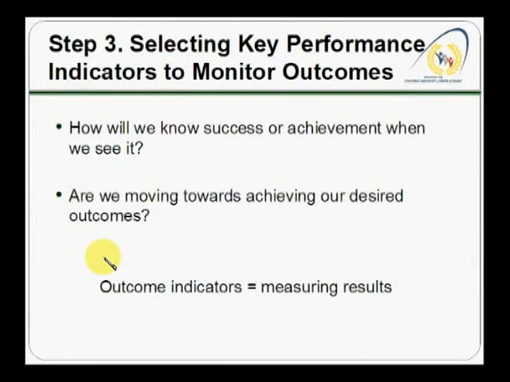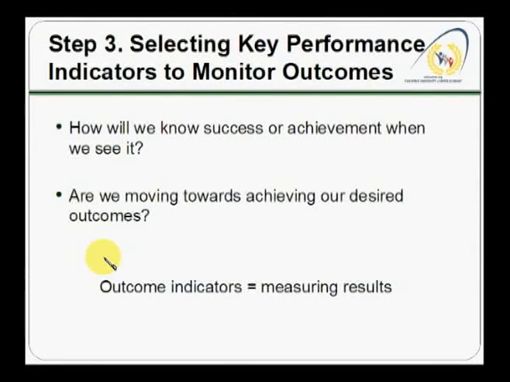Indicators are basically measuring tools that you use to keep track of the progress of your project in order to achieve your outcomes and eventually your goals. Indicators answer questions like: how will you know success, or how will you know that your CEC has achieved it? How would you see it? What will success or achievement look like? This is where you can use indicators to answer this question.